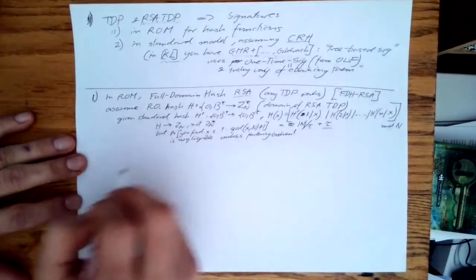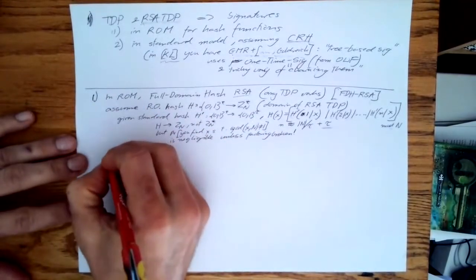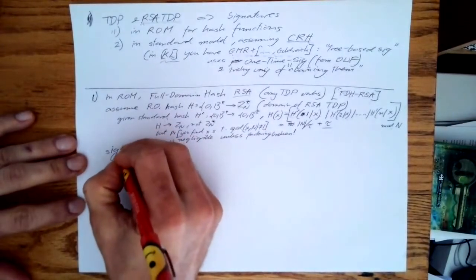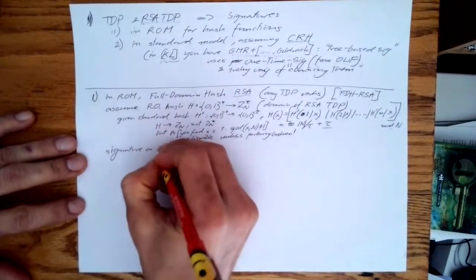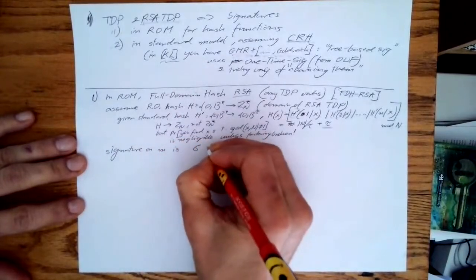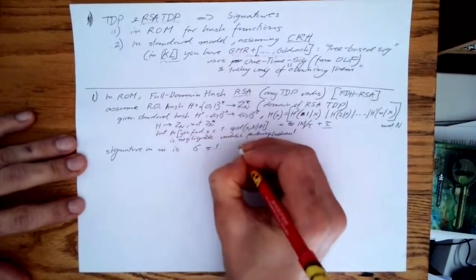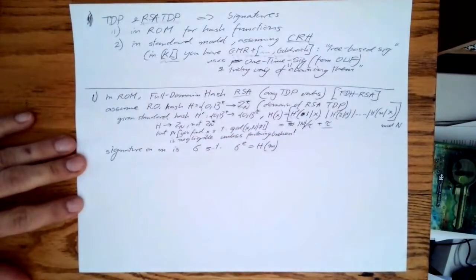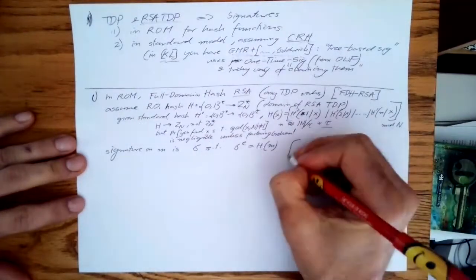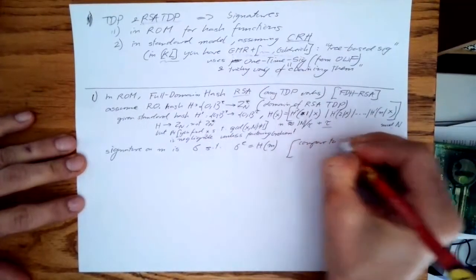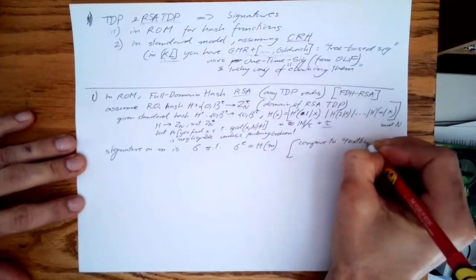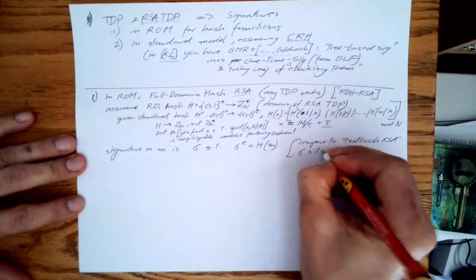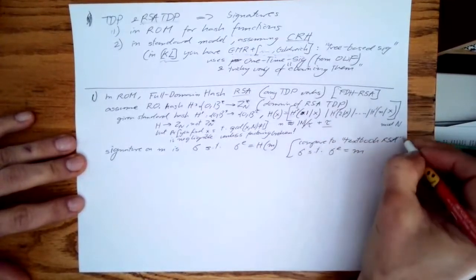All right, so you have this hash function, and now the signature on M is a sigma such that sigma to the E is a hash of M. Remember last time, compare to textbook RSA, where sigma was such that sigma to the E was just M itself.